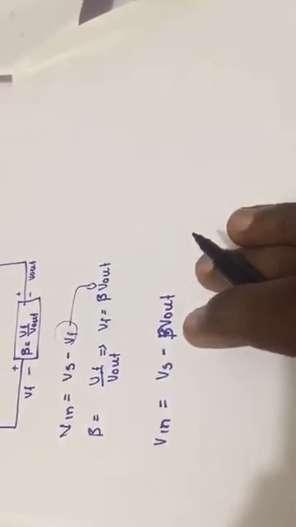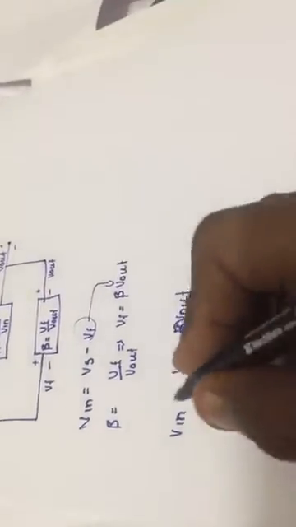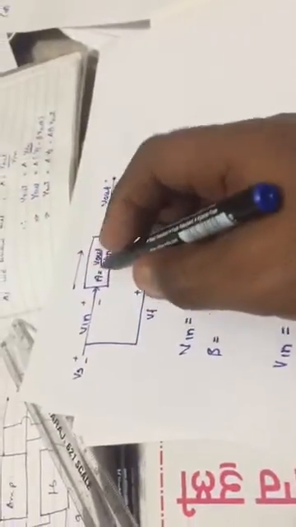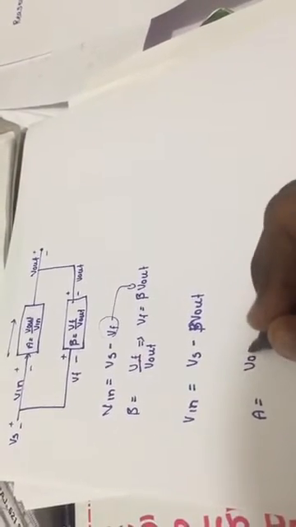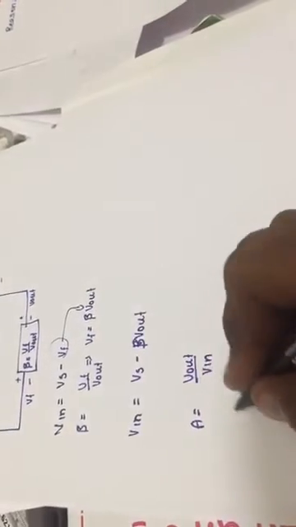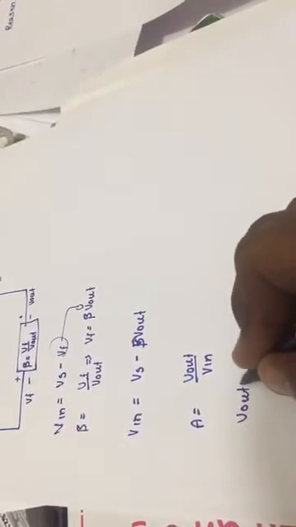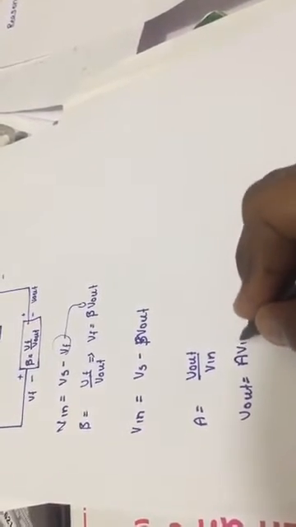Then let us discuss what V out is here. From the amplifier, A is equal to V out by V in, so V out should be equal to A V in.